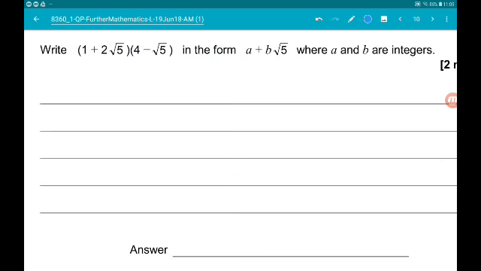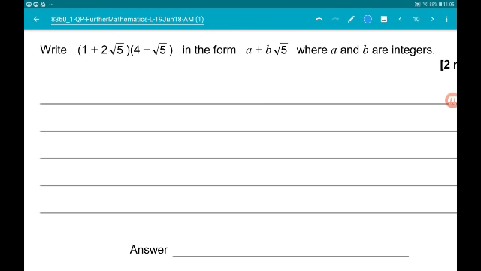Okay, question 8, we have surds. I have plenty of stuff on surds. Check down below. So we want to write (1 + 2 root 5)(4 minus root 5) in the form a plus b root 5, where a and b are integers, whole numbers.